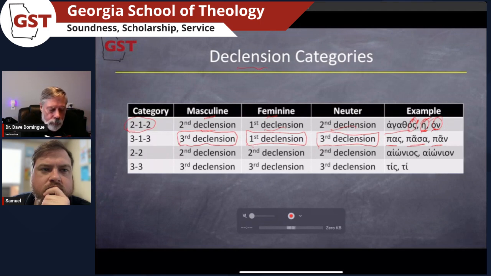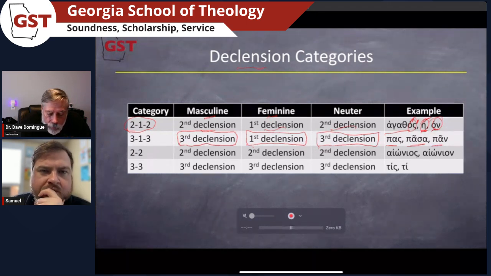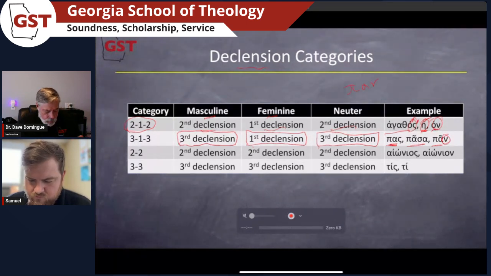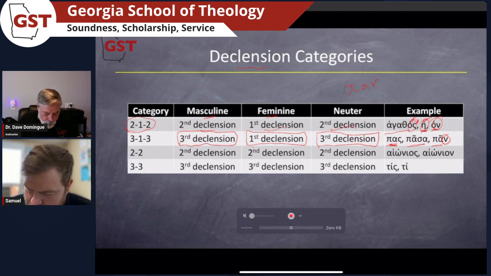Adjectives are going to be much more flexible because, remember, they have to agree with the word they're modifying. So here's our nominative in a third declension pattern. I think, if I remember right, and I'm going to memory, is it pan? I think that's the stem ending for that. And I'm going to go through this in the book in a minute.